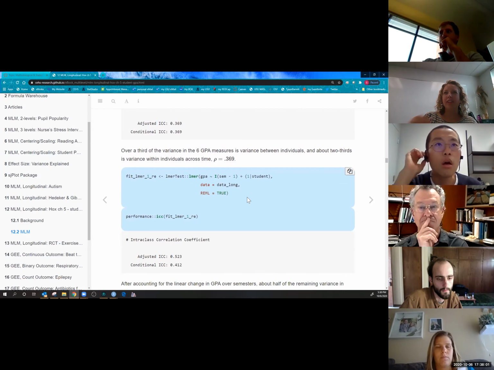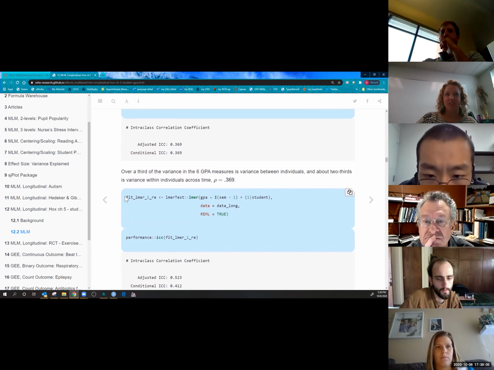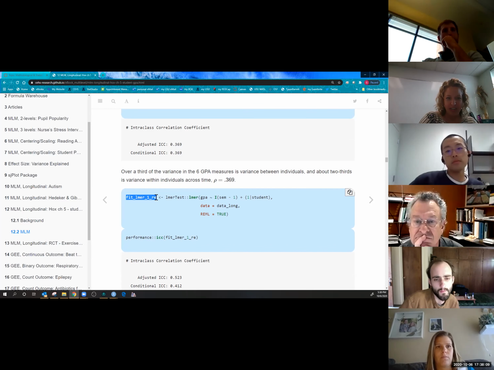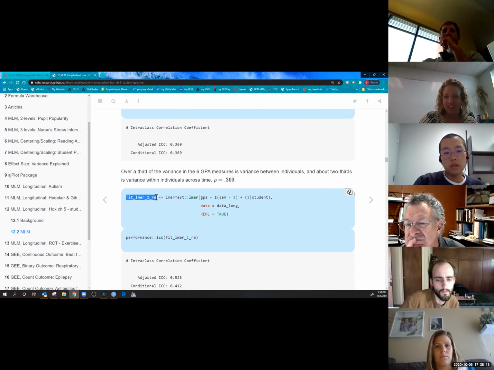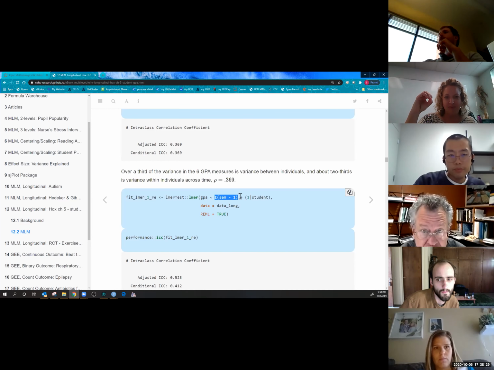Now, what in the heck did I do here? I'm calling this fit 1 REML. What did I do differently? What did I add? Oh boy. You centered semester on 0, or you subtracted 1 from the semester number so that it's centered where 0 means the first semester.